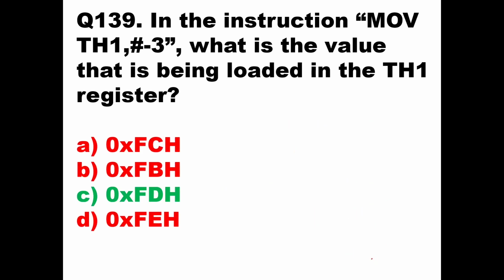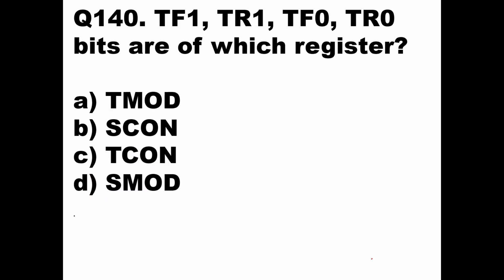So if you want to load TH1, the higher register of timer 1, with minus 3, then you have to load FDH in hexadecimal. Okay. Then we'll go to the next question, question number 140. TF1, TR1, TF0, TR0.